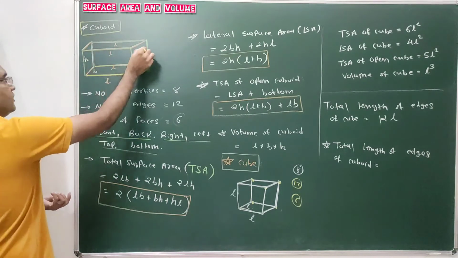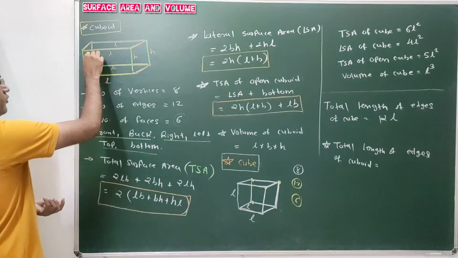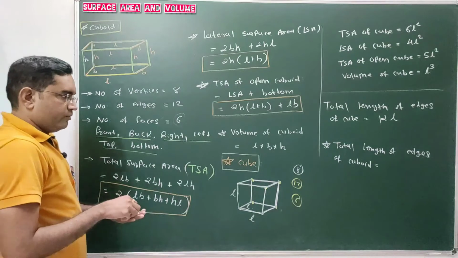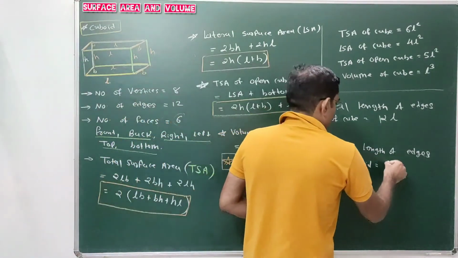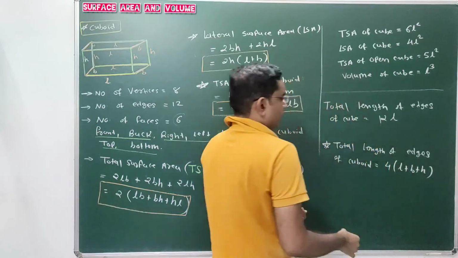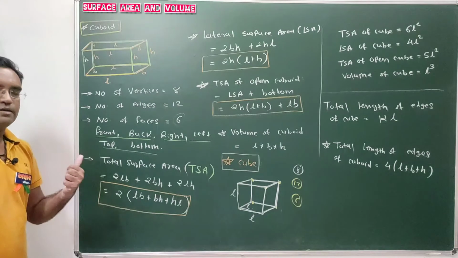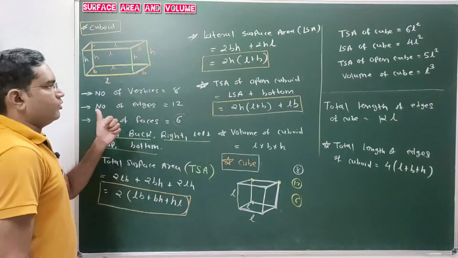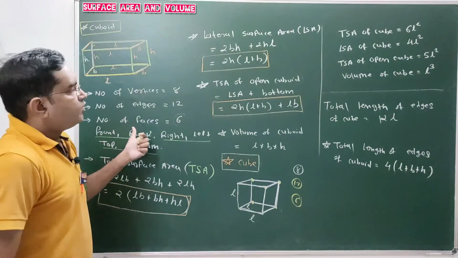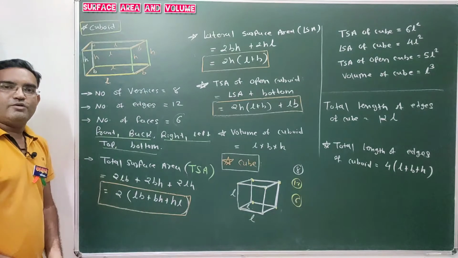These 4 edges are of length H, so it's 4H, and these are the 4B. So 4L plus 4B plus 4H. 4 is common, so it's L plus B plus H. Total length of edges of cuboid is 4 into (L plus B plus H). Done. So these are the important formulas related to cuboid and cube. Pause the video and note it down.